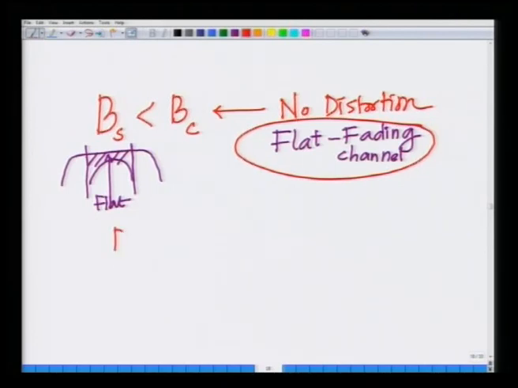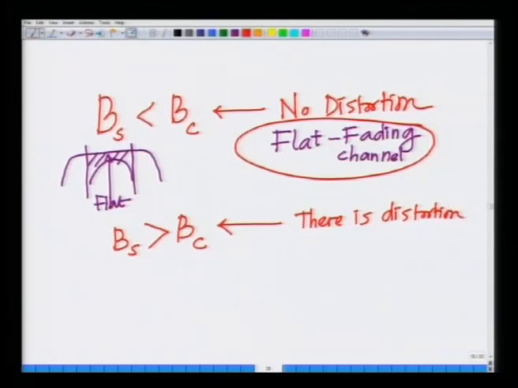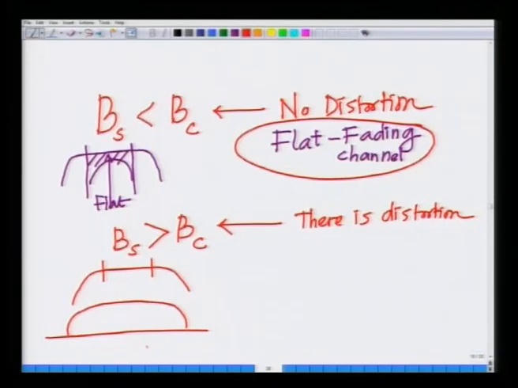However, if Bs is greater than Bc, that is, the signal bandwidth is greater than the channel coherence bandwidth, then there is distortion. Look at this distortion: this is my channel, this is the coherence bandwidth, and this is my signal with bandwidth larger than the coherence bandwidth.